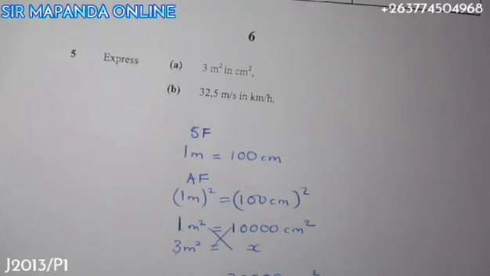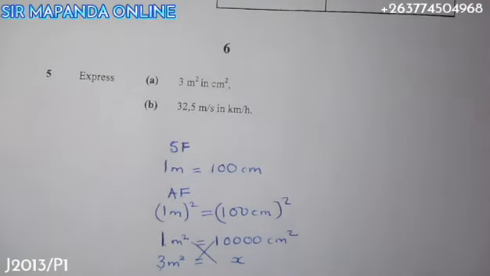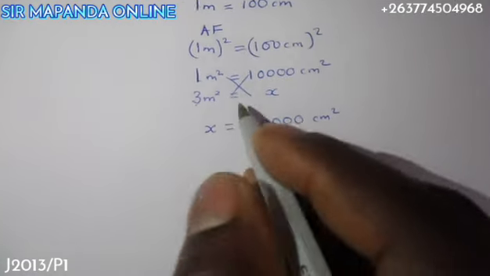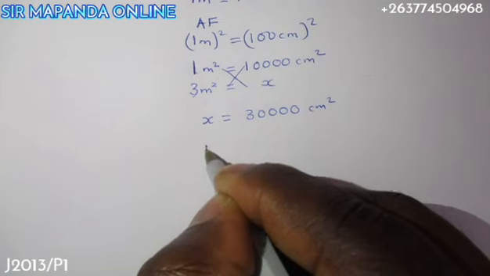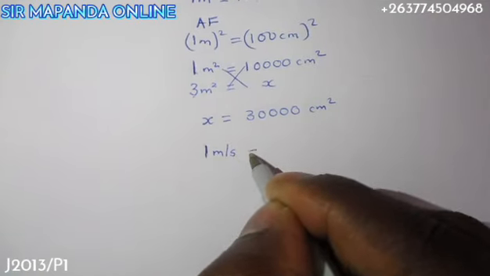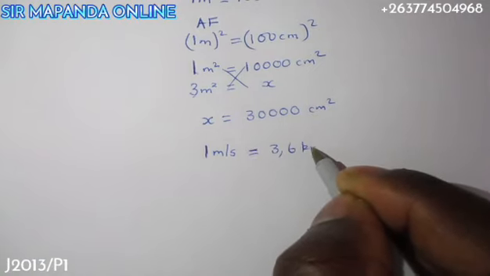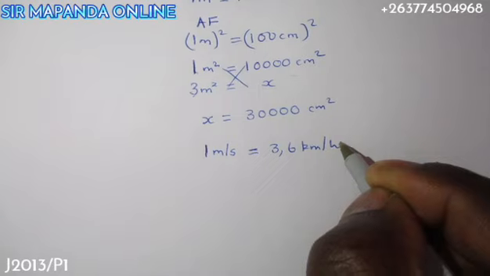Let us move on to item 2. Express 32.5 meters per second in kilometers per hour. Right. So on this one, you need to understand that 1 meter per second is equal to 3.6 kilometers per hour.